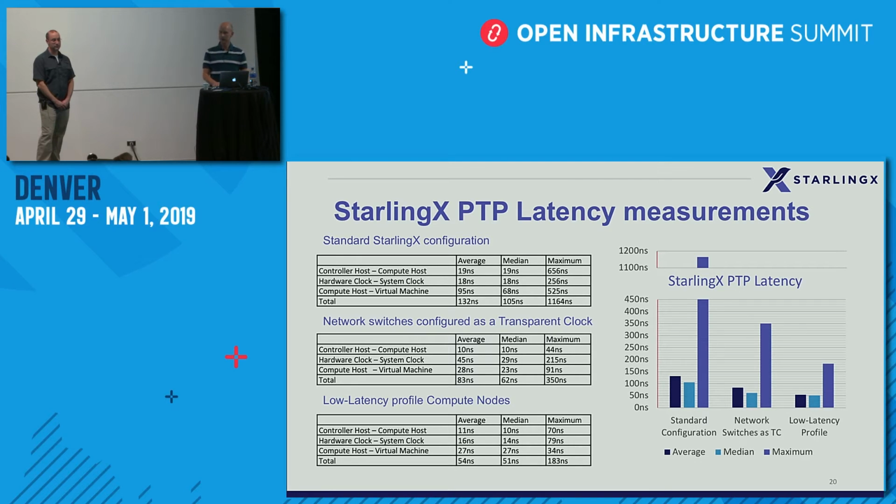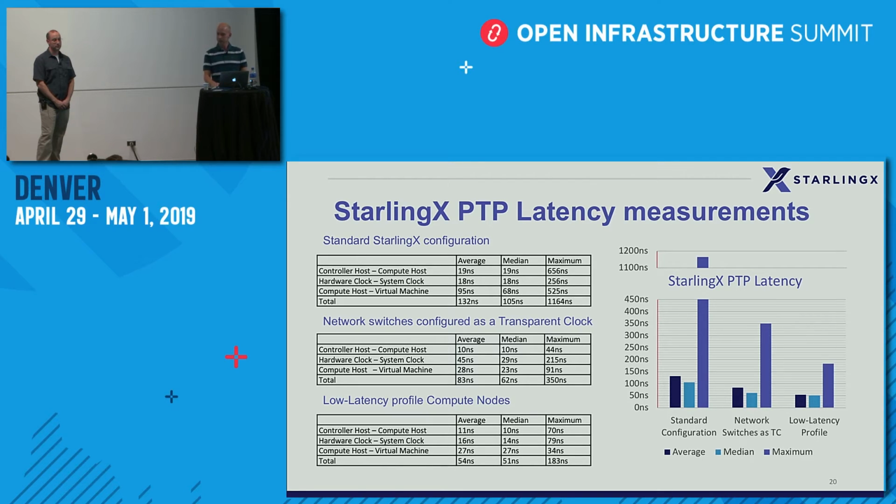Basically, there are two main factors that affect the performance of PTP. One of them is the network configuration, and the second one is the underlying platform latencies. For example, the Linux OS scheduler is not fast enough to provide you with the time source, and the virtual machine itself is not scheduled fast enough.